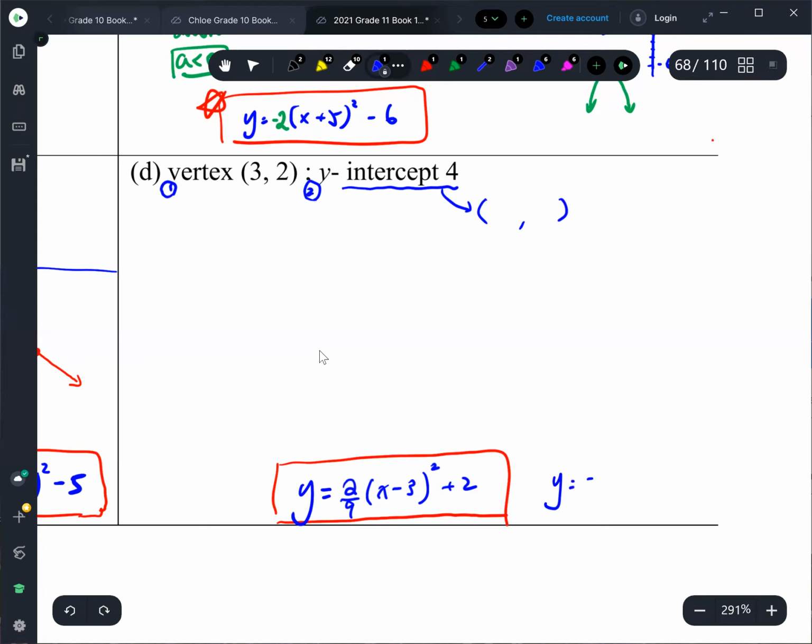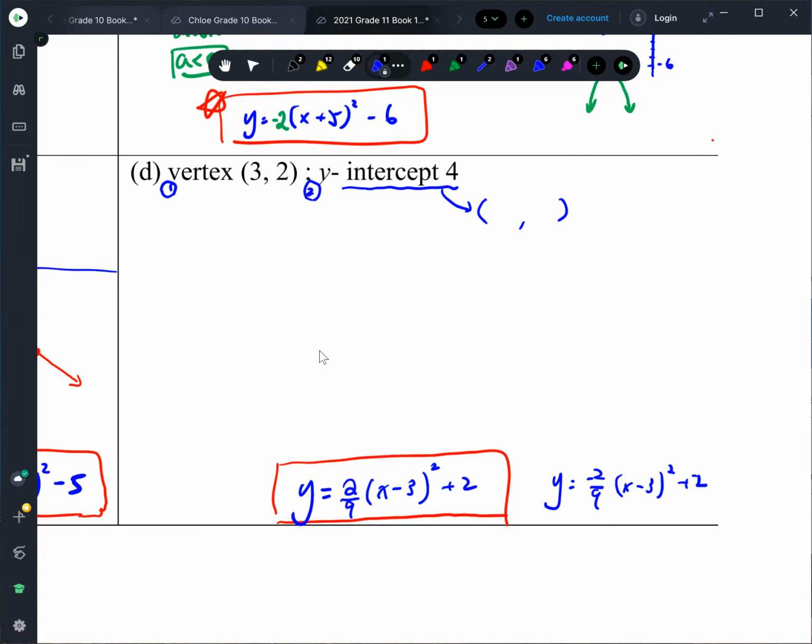Okay, so y equal to negative 2/9 x minus 3 squared plus 2. Like that? Yeah. Okay. And let's get one more, okay? Tony, do you want to try? Do you have an answer yet? No. Okay. Aaron, how about you? I got the same thing as the first one. So the positive. Yeah, positive.